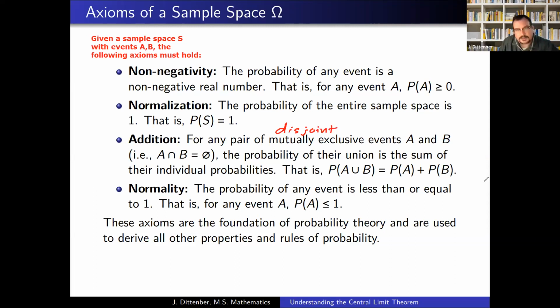And if they're disjoint, then if I try to calculate P of A intersected with B, I'll get the empty set, which is why this formula suffices.